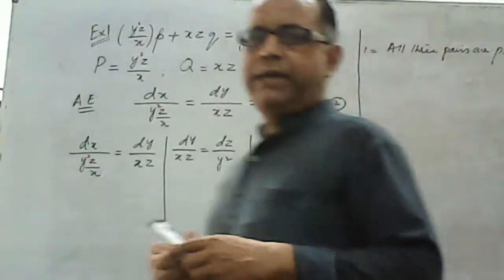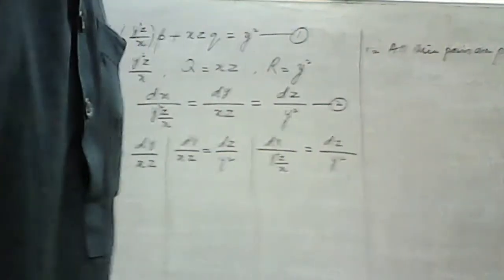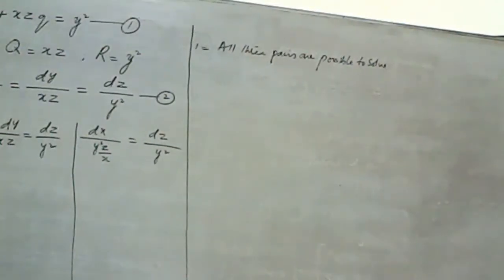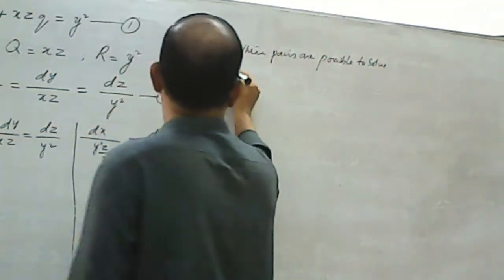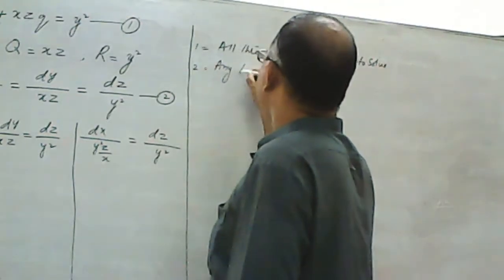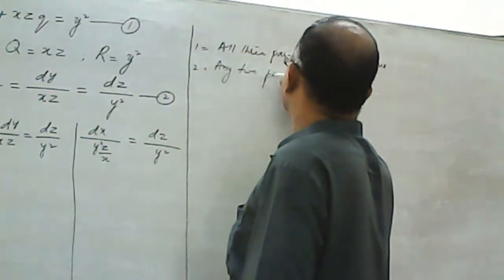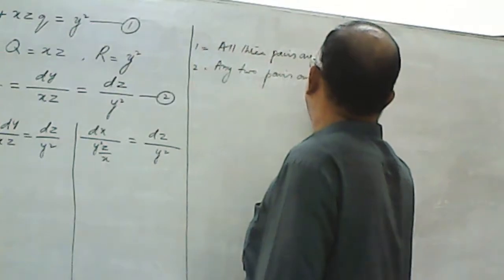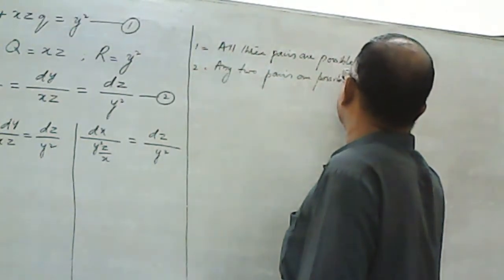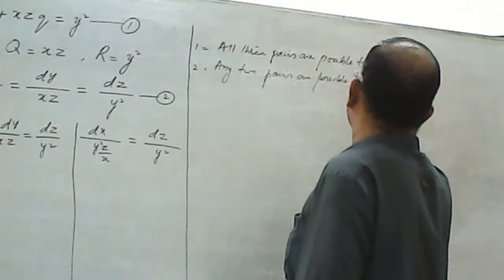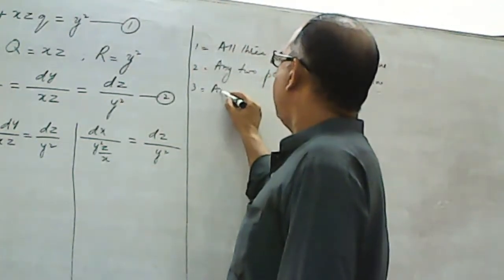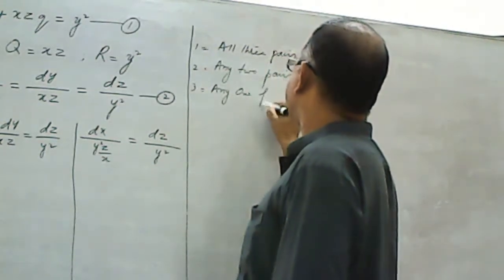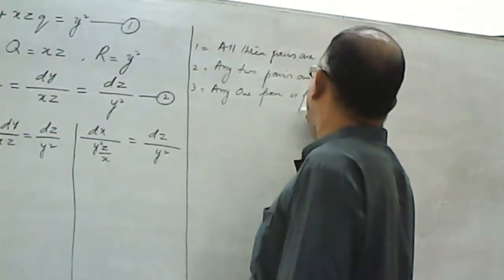How it will be decided, I will tell you. Then possibility number two, any two pairs are possible to solve. Possibility number three, any one pair is possible to solve.